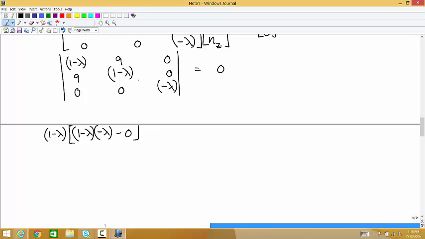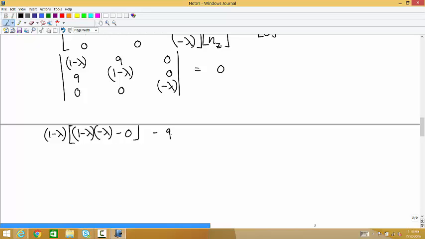And then going across the top row, we have minus 9 times, in brackets, 9 times negative lambda minus 0. And then plus 0 times something is equal to 0.